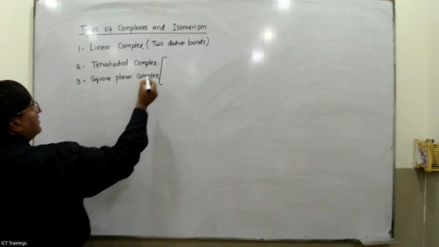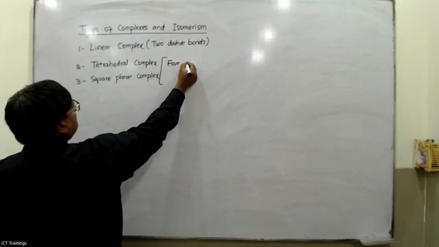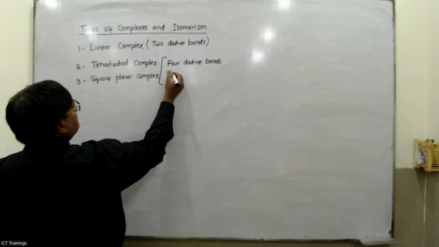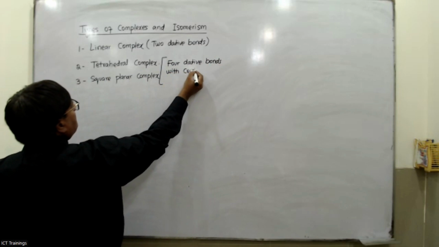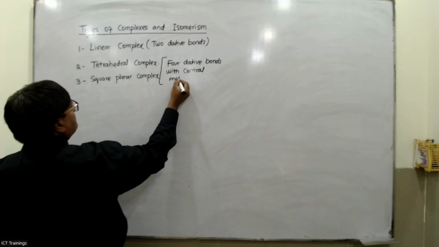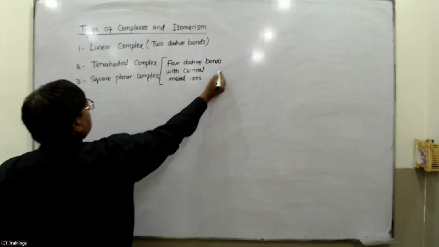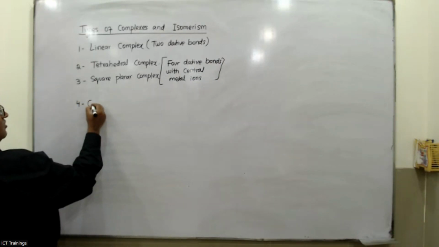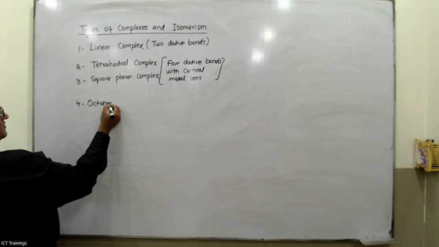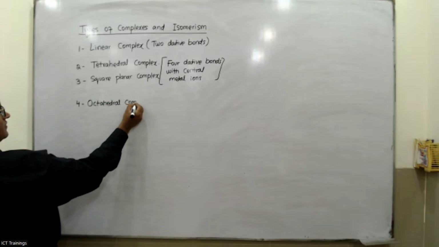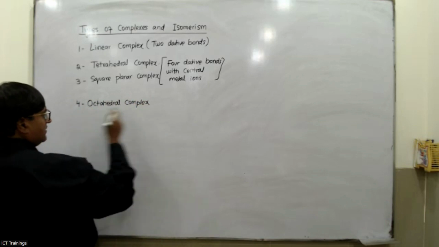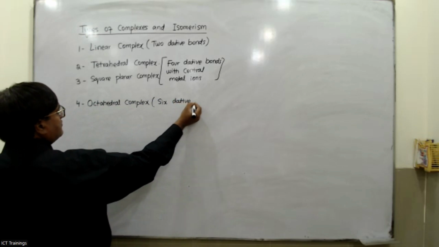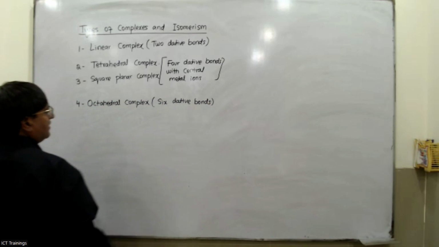These two have four dative bonds with central metal ions. Number 4 is the octahedral complex, which forms 6 dative bonds.